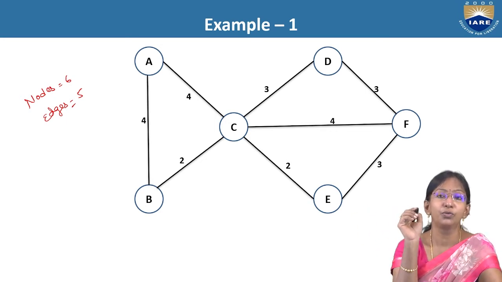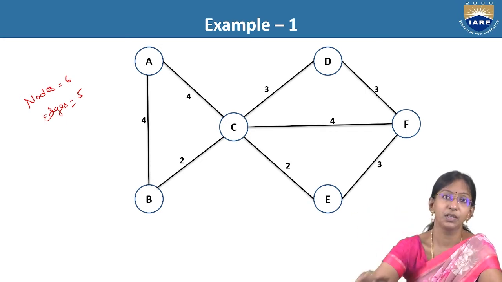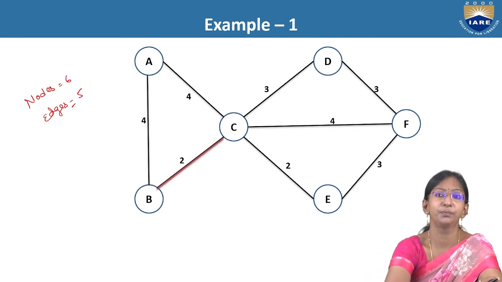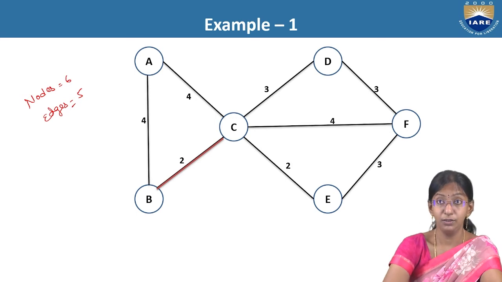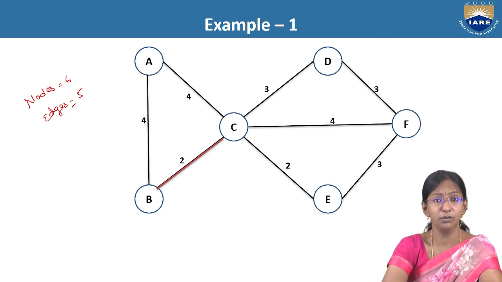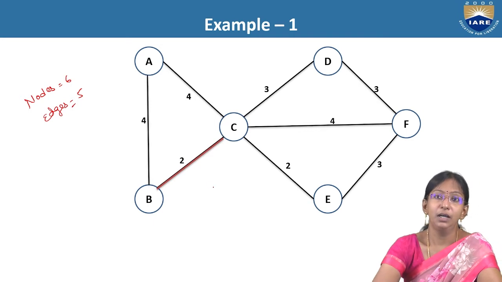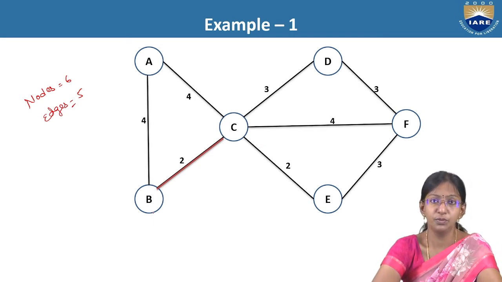So from where do you start? I'm starting with an edge with the least weight, BC. Here BC has weight 2, whereas CE also has weight 2. Both have the least weight, so choose one. Now, C and B are the 2 nodes introduced to my spanning tree.